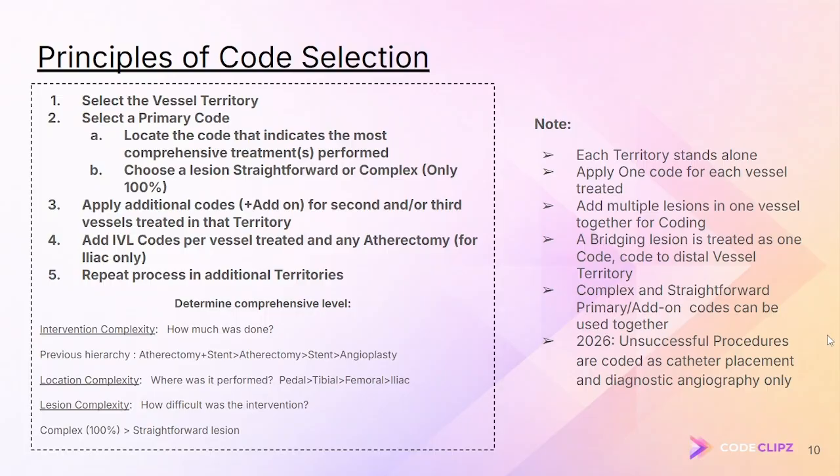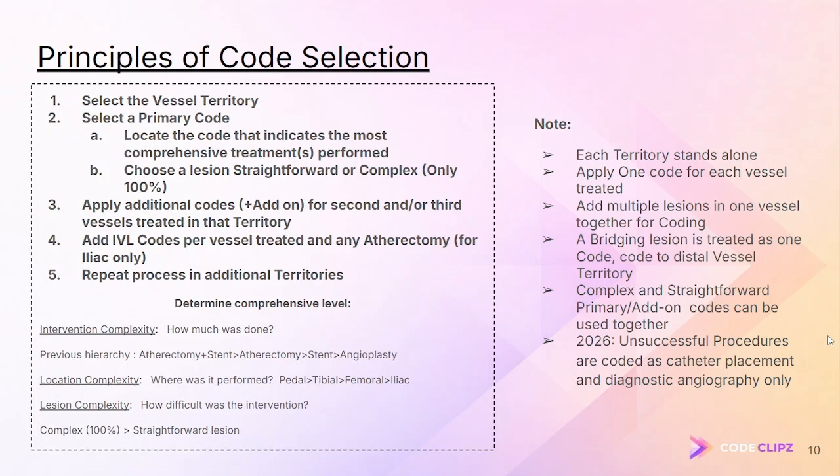That's only considered one treatment. However, to capture the higher payment, it would be coded to the femoral area, which shows the complexity of the actual treatment. Complex and straightforward primary and add-on codes can be used together.